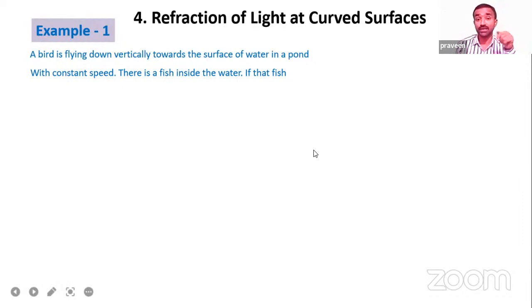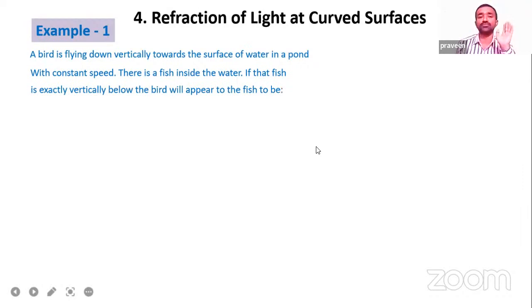If the fish is observing the bird exactly vertically above, the bird will appear to the fish to be... Let us break the sentences to understand. A bird is flying down vertically towards the surface of water in a pond, with a constant speed. Remember that.